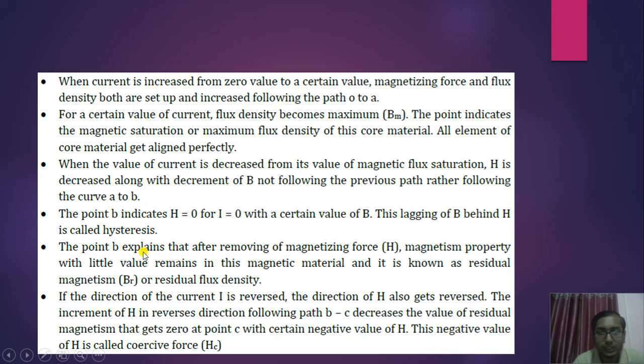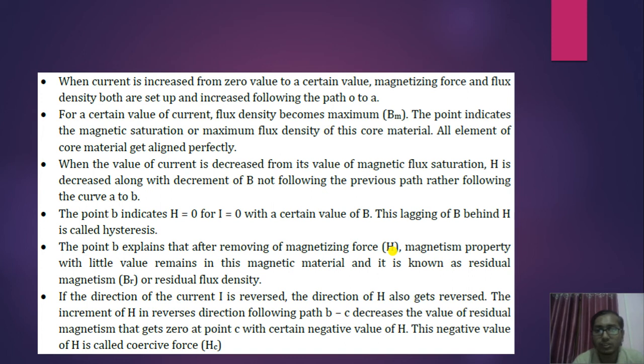The point B explains that after removing the magnetizing force H, a small amount of magnetism remains in the magnetic material, and it is known as residual magnetism, as I have already discussed with you when I showed you the diagram. If the direction of the current I is reversed, the direction of H also gets reversed.